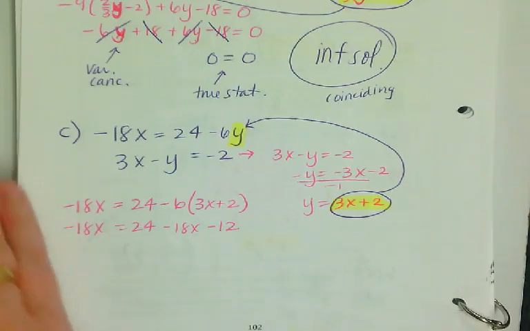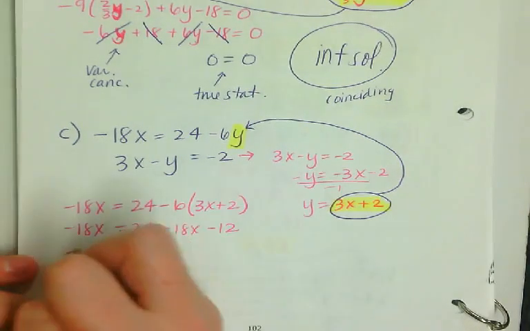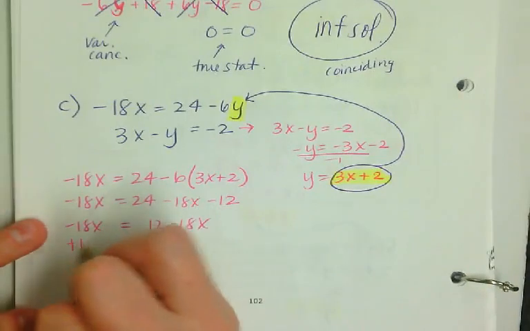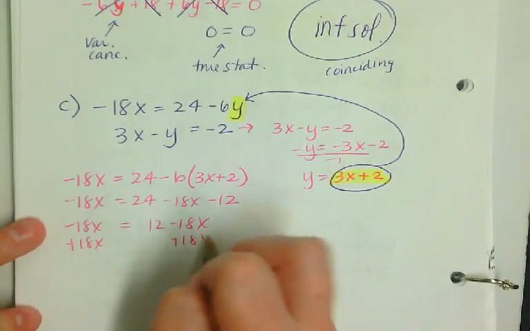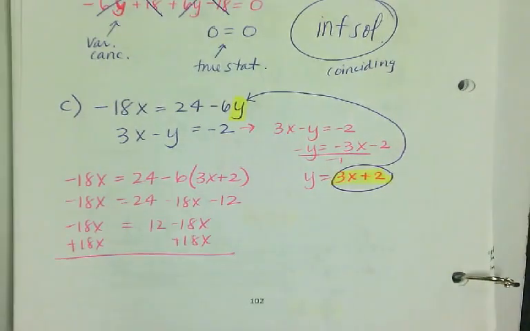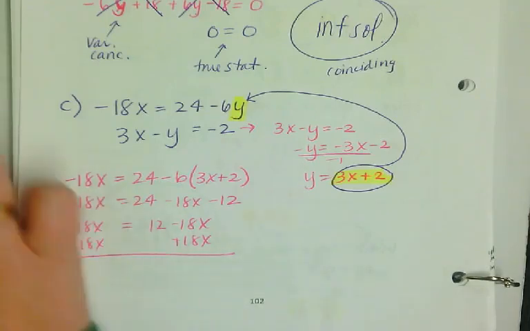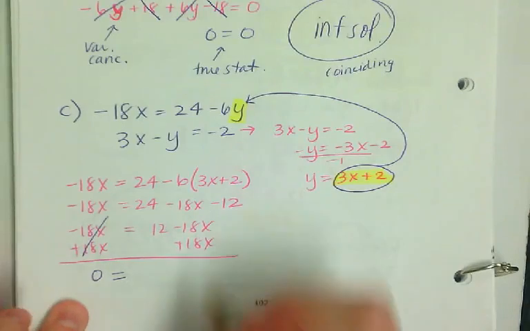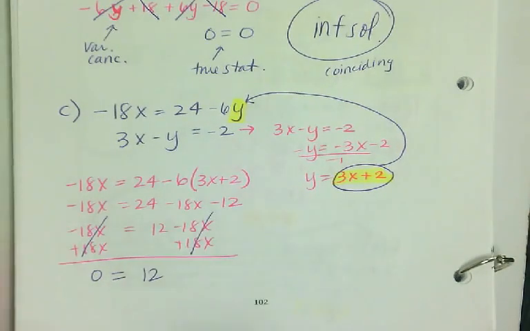And if I was to combine these terms over here, I would have 12 minus 18x, and I could add 18x to both sides in order to get my variables on one side. But what ends up happening is this cancels, so I have 0, and that cancels, and I have 12.